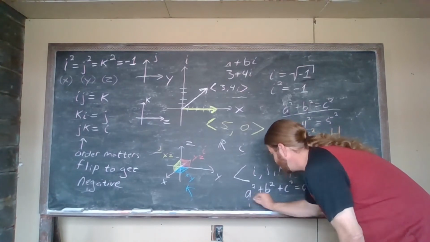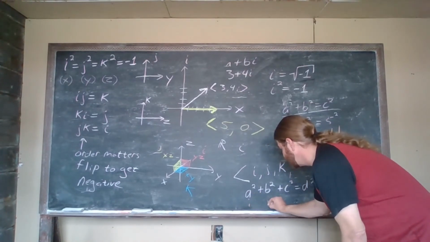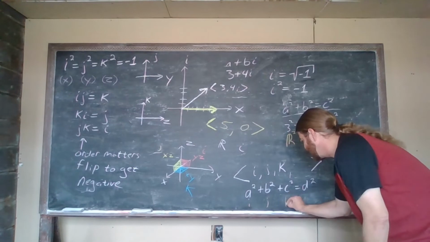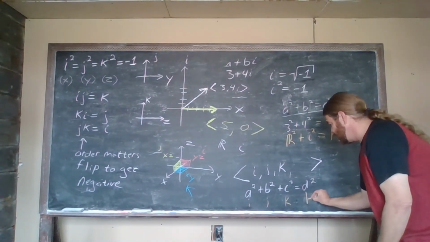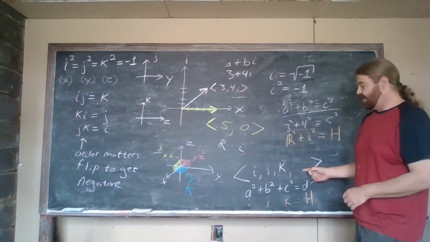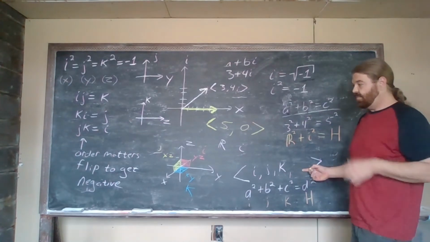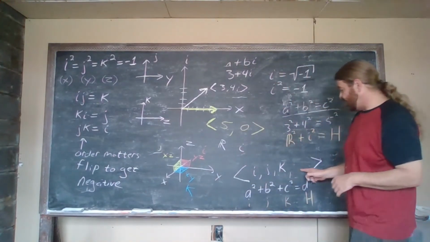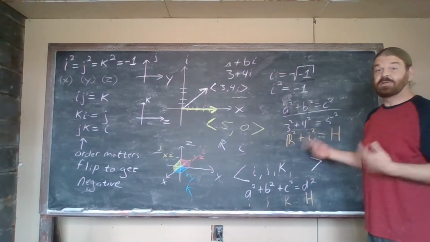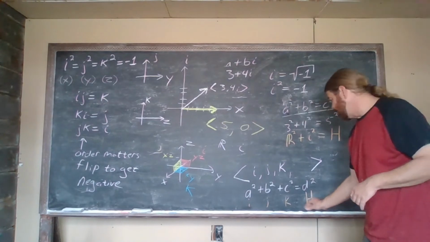The I part squared plus the J part squared plus the K part squared gives us sort of the hypotenuse of that triangle, or the length of the vector going off in space. So the magnitude of the vector is what I'm going to write here.